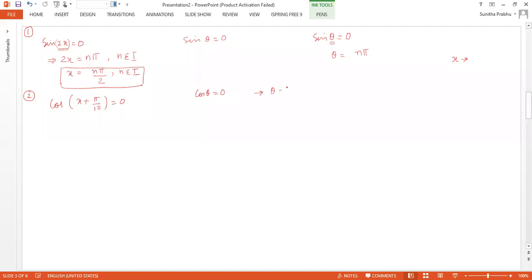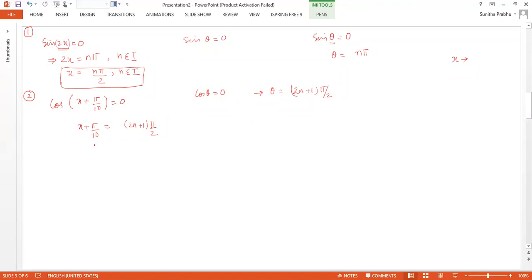So x plus pi by 10 is equal to 2n plus 1 into pi by 2.